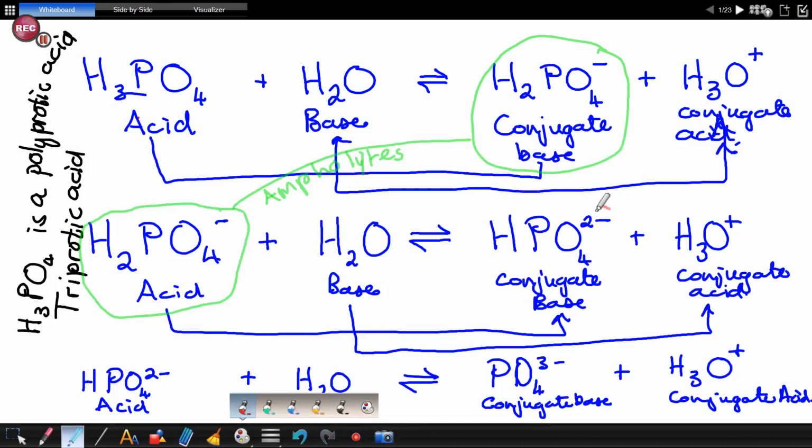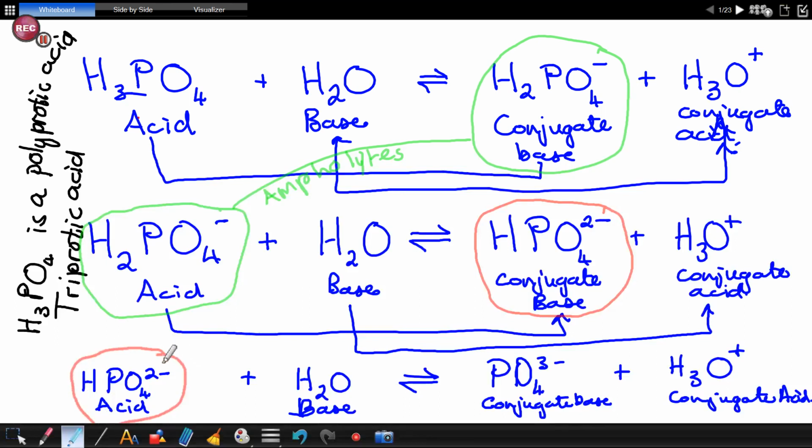Here we have another compound. It's a base in the reverse reaction. Here in the forward reaction it is an acid. So those two are conjugate ampholytes. So water is an ampholyte, and any ion formed from any polyprotic acid can be an ampholyte.